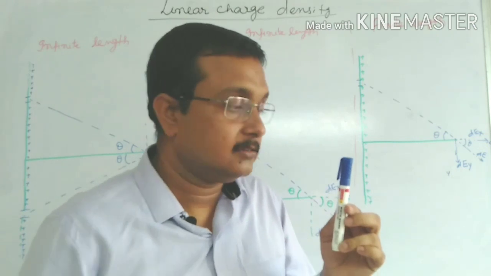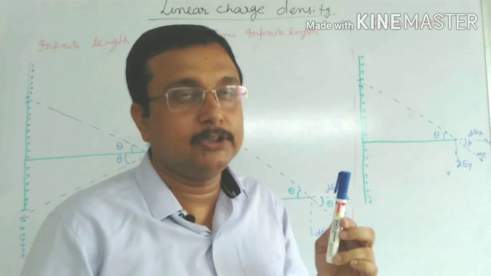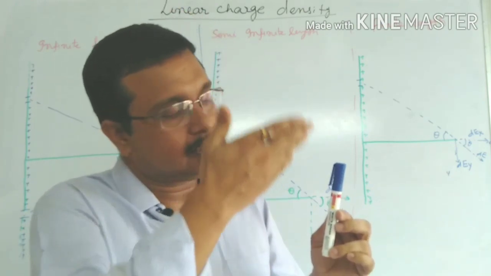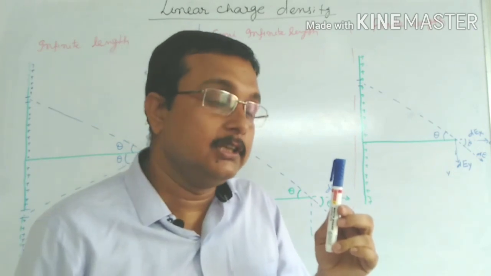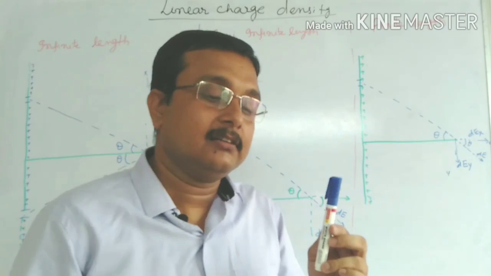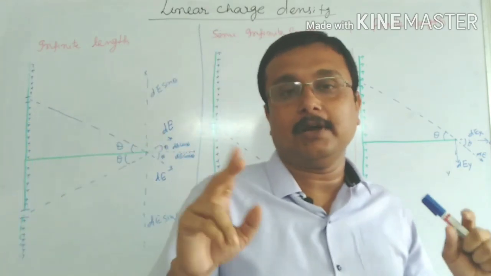Second, the length of the line is not finite, meaning it is a very large wire, and charge is distributed over it. Another case is half of this infinite length.